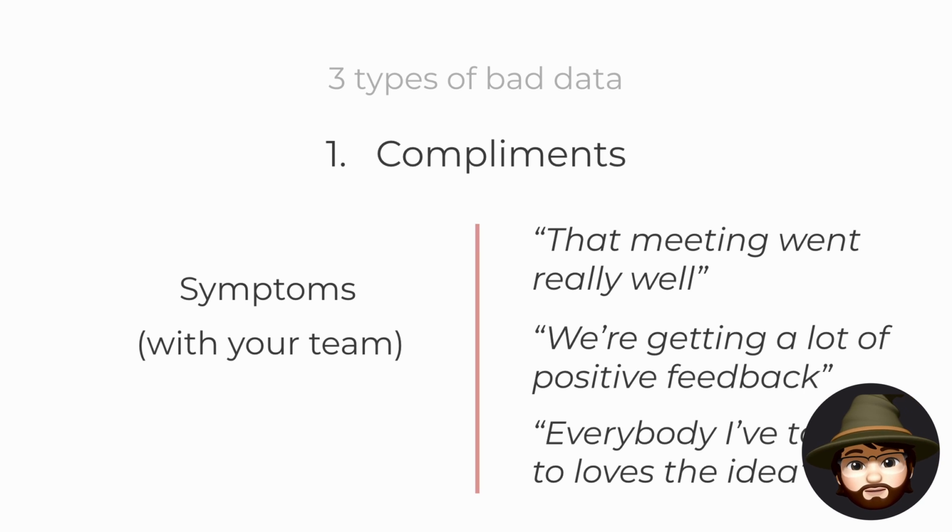Again, why are you getting positive feedback if you shouldn't be pitching your idea? Or "everybody I talk to loves the idea." Try to avoid communicating these types of things. Try to communicate facts like, these are the pain points, these are the main motivations I have been hearing. So these are the things that you should be avoiding. The first type of bad data: compliments.